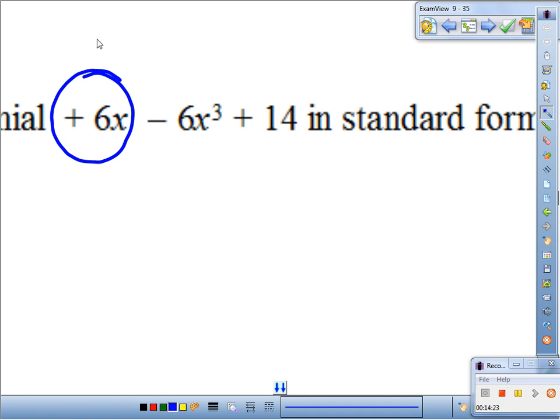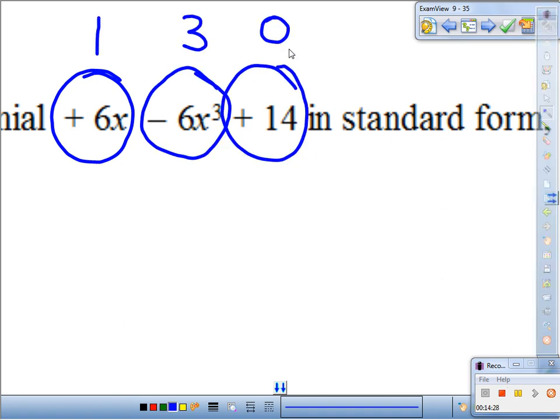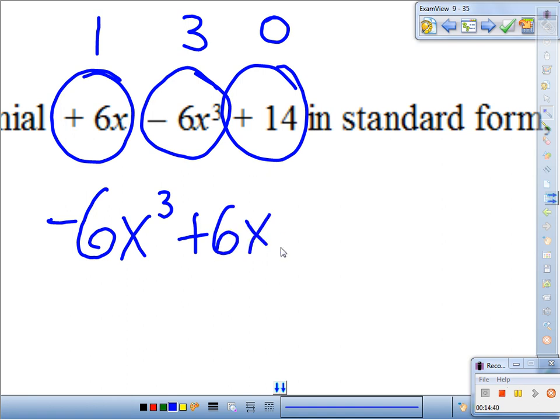What is the degree for this one? 1, 3, and 0. And how are we determining the degree? By adding the exponents on the variable. So therefore, we write from highest to lowest, negative 6x cubed plus 6x plus 14. Now it's in standard form.